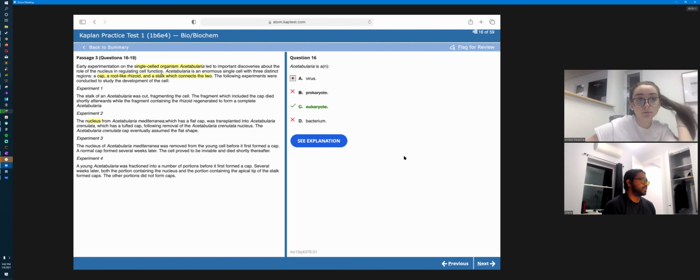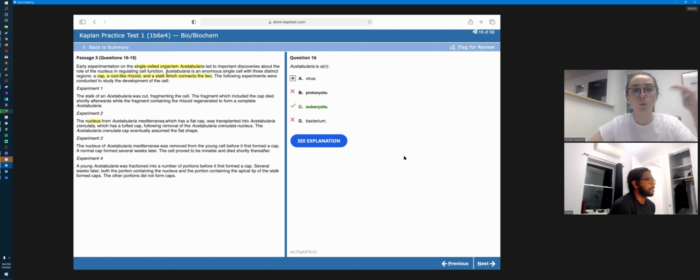They're trying to see the role of a nucleus, right? So they have the acetabularia, which doesn't have a nucleus, right? How do we know that? I see in experiment 2, and I think you had that highlighted, the nucleus of acetabularia mediterranea.